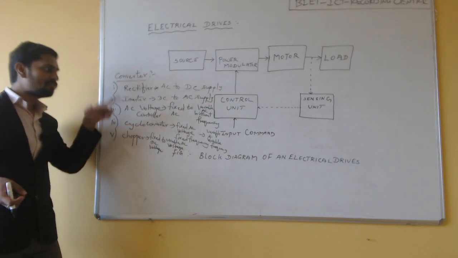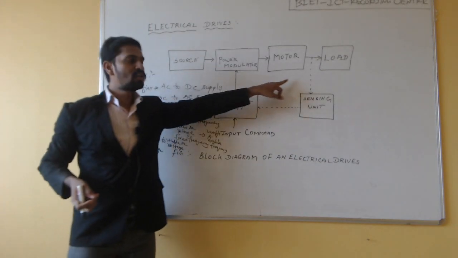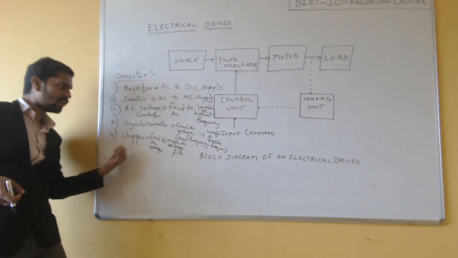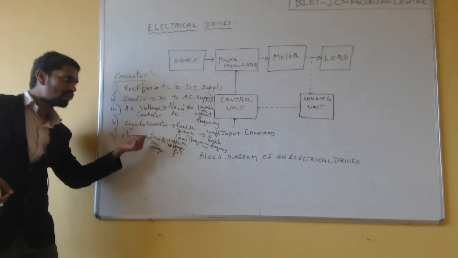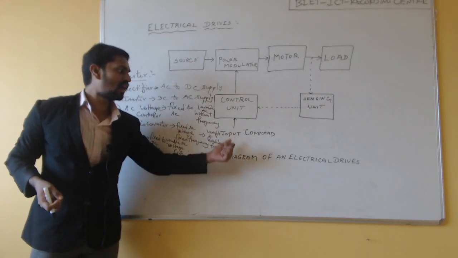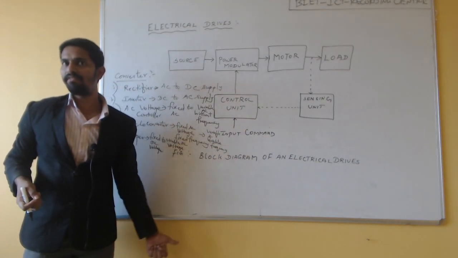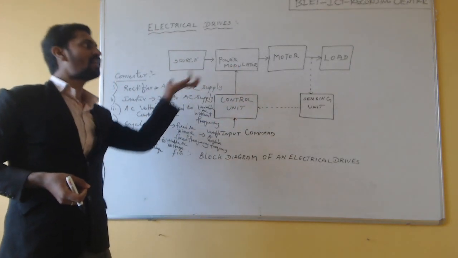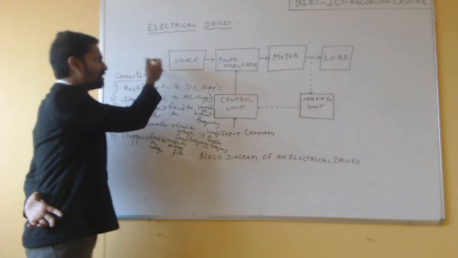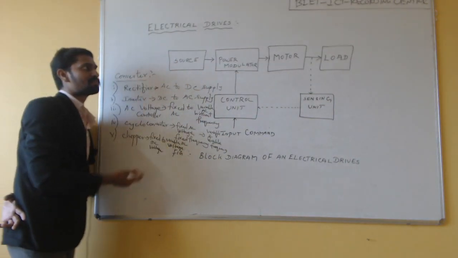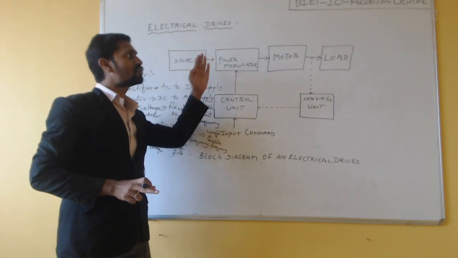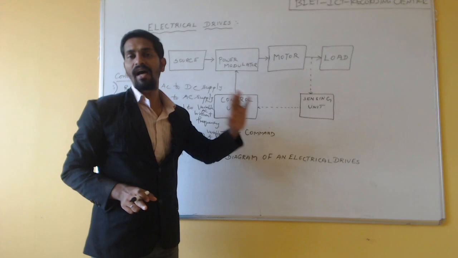If I want to run the motor with variable frequency and variable AC, then I go for cycloconverters, because the cycloconverter will convert fixed AC voltage and fixed frequency into variable voltage and variable frequency. So depending upon our applications, the power modulator can be chosen from the various types of converters. The ultimate aim of the power converter is to give the suitable form of power supply to the motor.